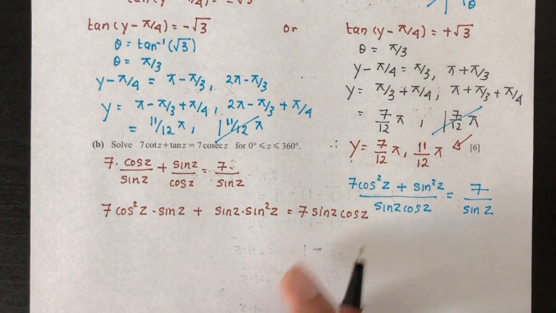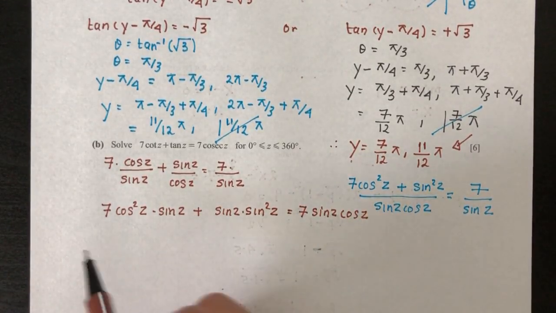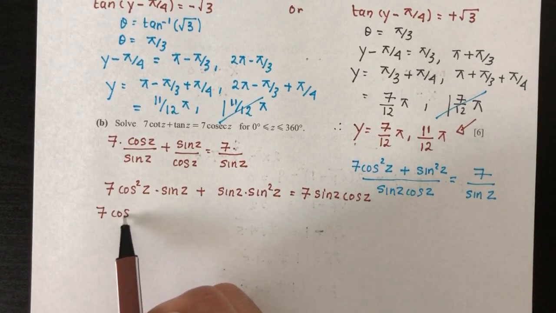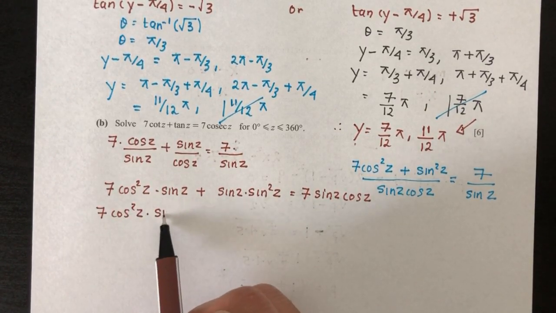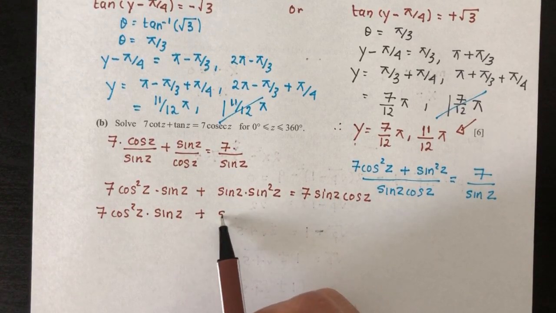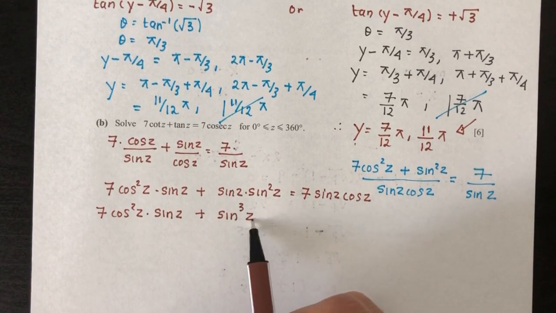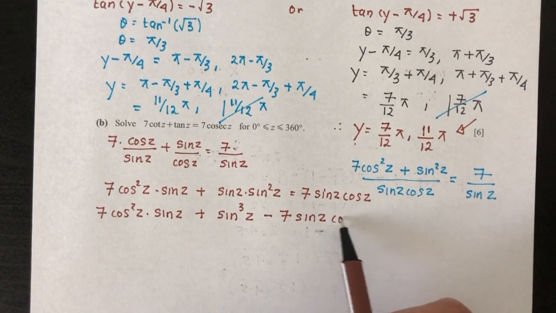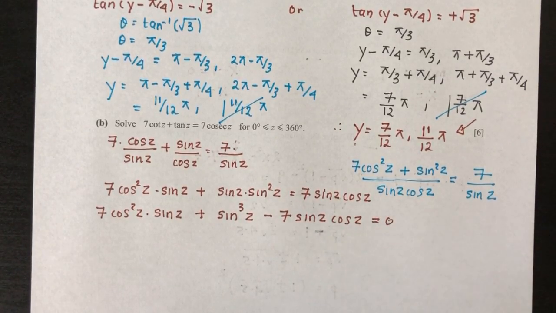Now one thing we can do, we can send everything to one side. You will have 7 cos square z times sin z plus sin z power 3 minus 7 sin z cos z equal to 0. So now we have sin everywhere.